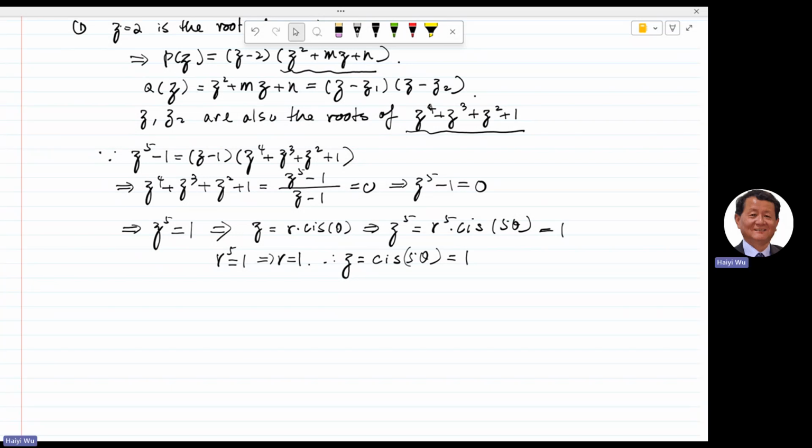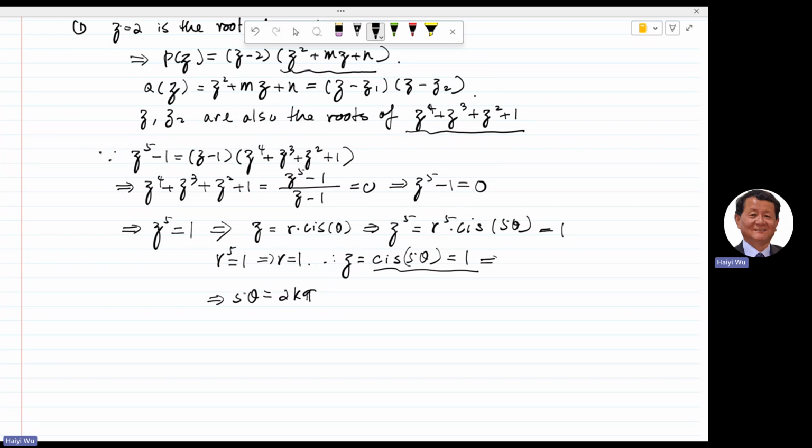So we're going to solve for theta, because to find z we need theta.